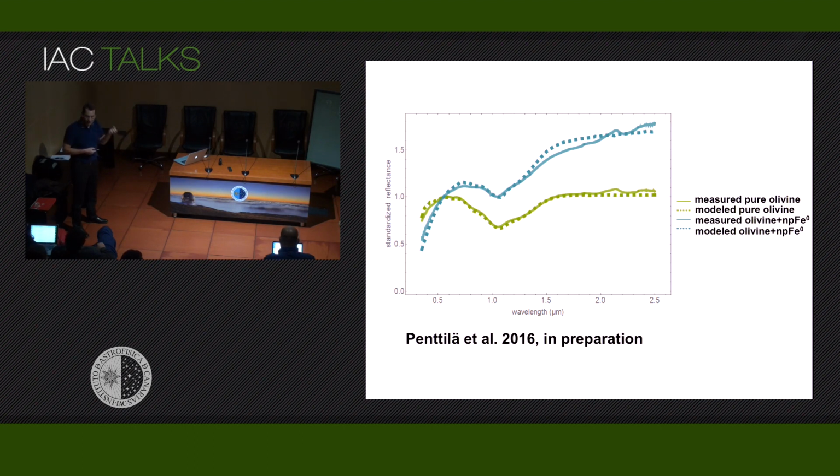So when you add nanophase iron, you basically add only an absorbing constituent, and it looks like this is mostly an absorption problem, so probably there is no problem coming from the usage of isolated particle parameters in the host material, not free space but host material in the surrounding medium.